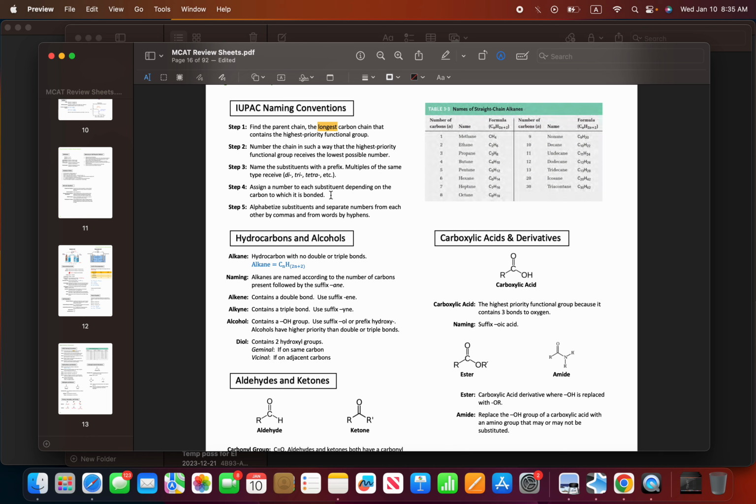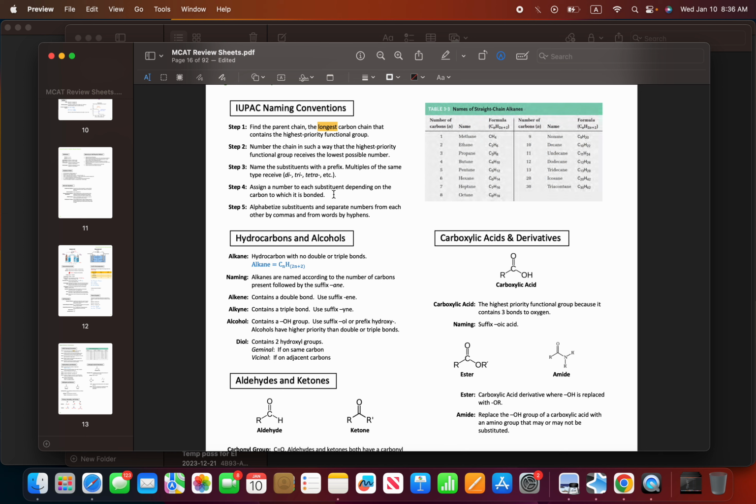So each substituent gets a number, based on the carbon that it is attached to.